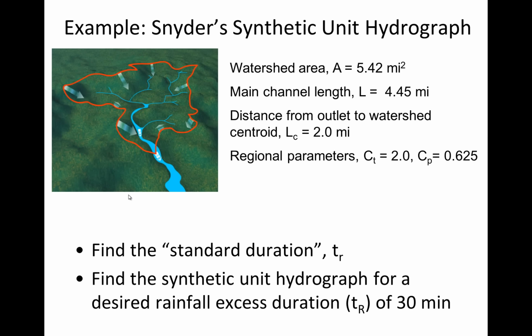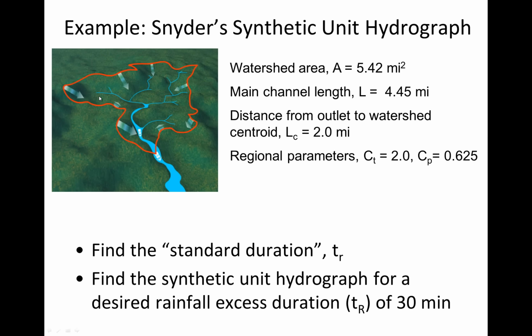So here's the example that we're going to work here in a moment, and it'll be a pencast that I'll embed into this video file, and so you can work through it independently or just watch as I do it. This is a watershed where the area is known to be 5.42 square miles.